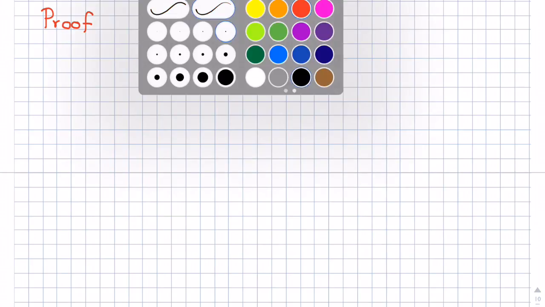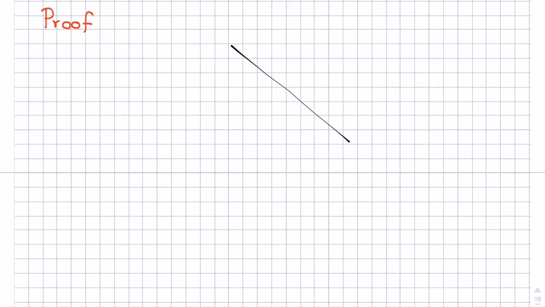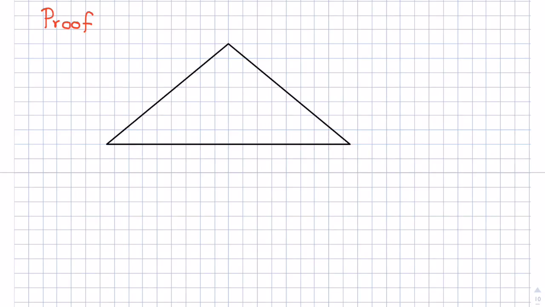So to help us to do the proof, we're going to draw another triangle. It's not a 90-degree triangle, it's not a right triangle.